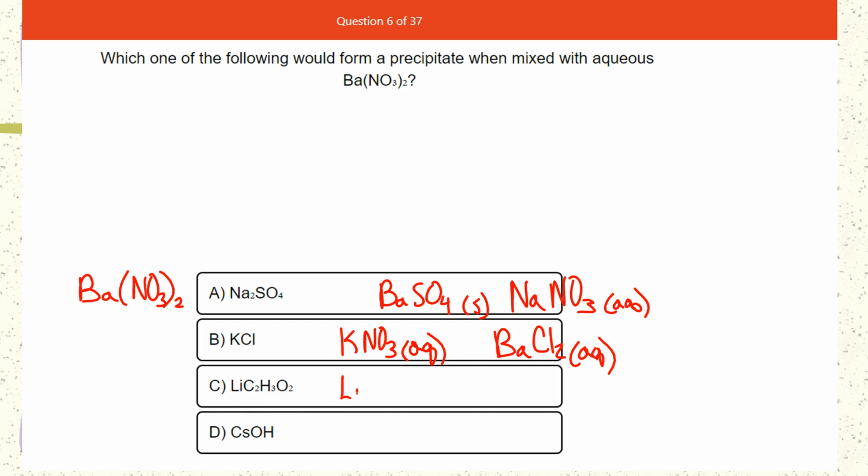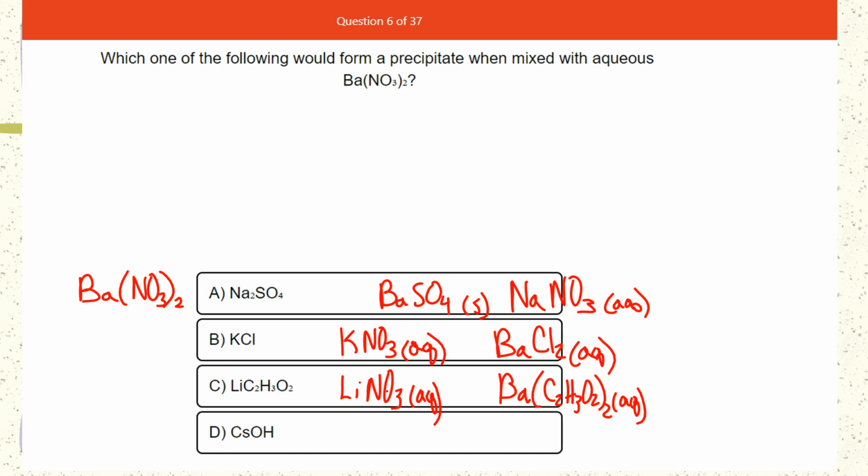It's going to be lithium nitrate, which lithium's a group 1 metal, so it's always aqueous. And then we'd have barium acetate, which is always aqueous because acetate was one of those that had no exceptions and is always aqueous, just like nitrate.